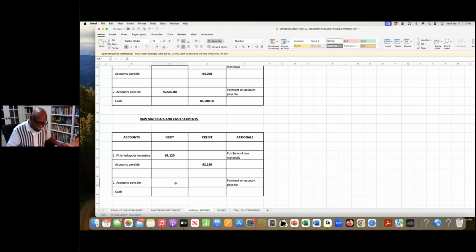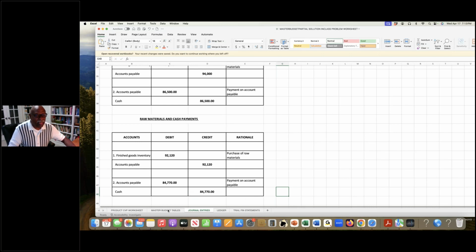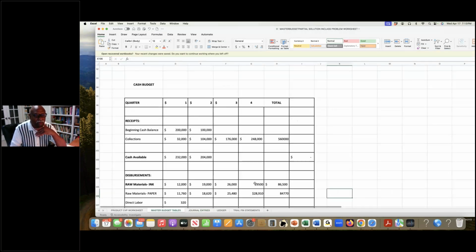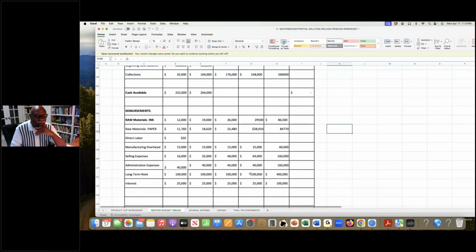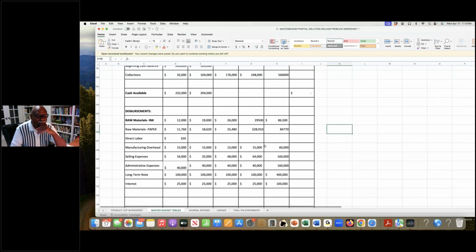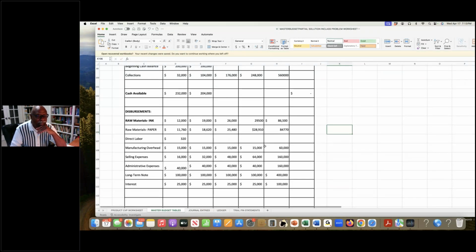We paid 84,770. So we look at our master budget table. We only have one item left, direct labor. Let's go up to direct labor.